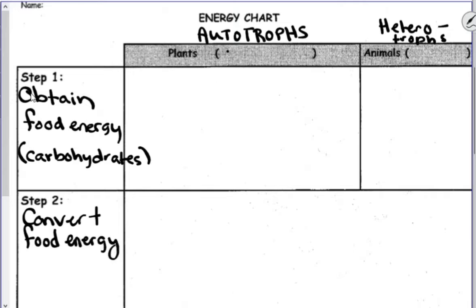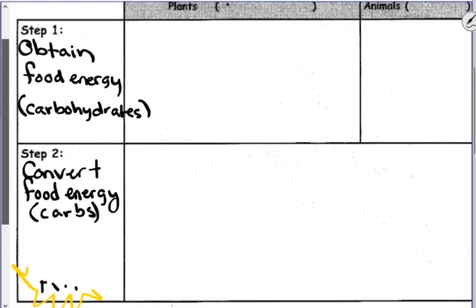If you're going to forget what I'm talking about and you want to write carbs right there for carbohydrates, you can do that. So step 2, we're going to convert food energy into usable energy. You can see what I did last class. That usable energy is ATP.